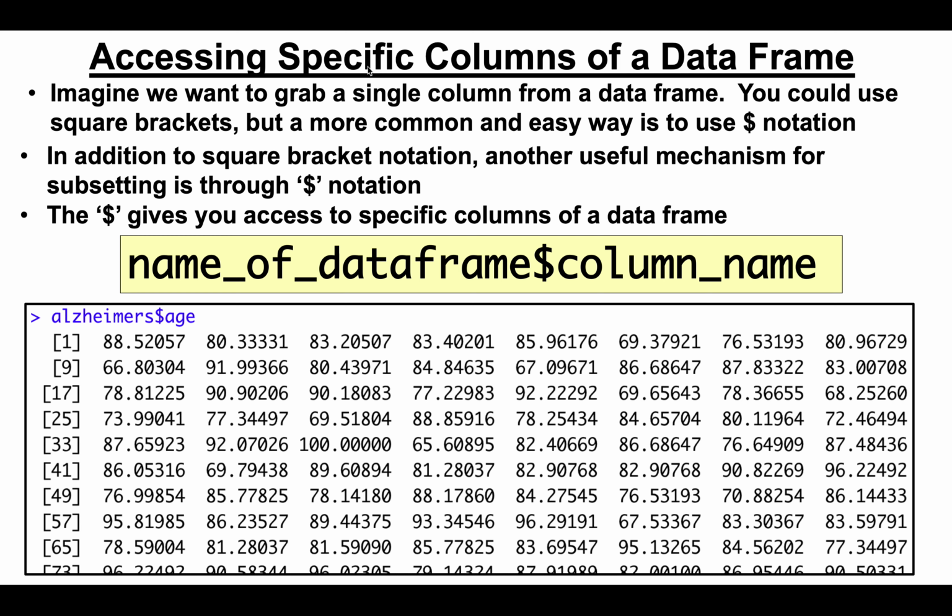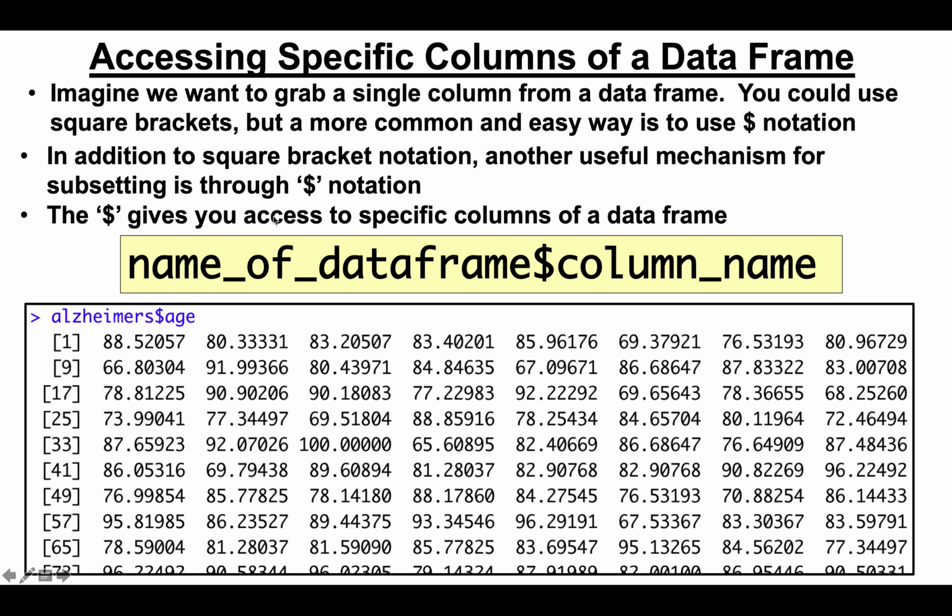Okay, so another way to subset data that's going to be useful in combination with square brackets is something called $ notation. And $ notation allows us to access specific columns of a data frame. We could access specific columns using square brackets, but there's a nice shorthand, and it's going to come in handy, as I think you'll see, and that is this $ notation.